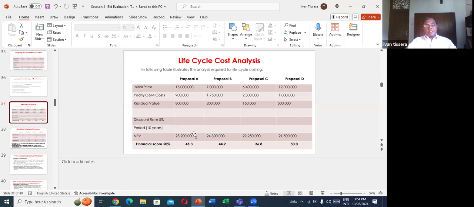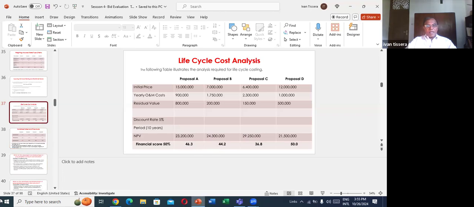That is the net present value of all of this cost, 23 million something, right? Here, different. So that is the net present value. Then using this formula, what is the lowest cost? I think this is the lowest cost here, 21,500.